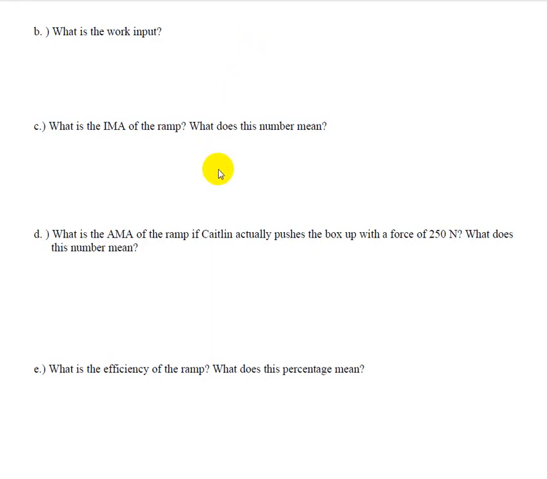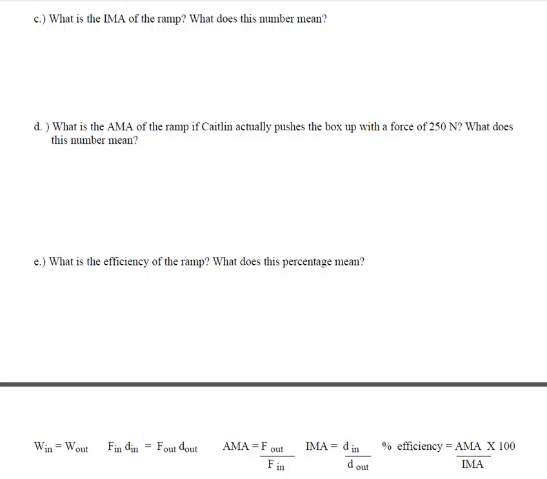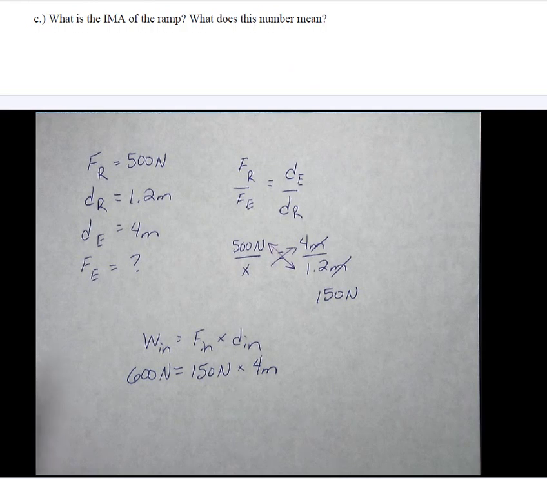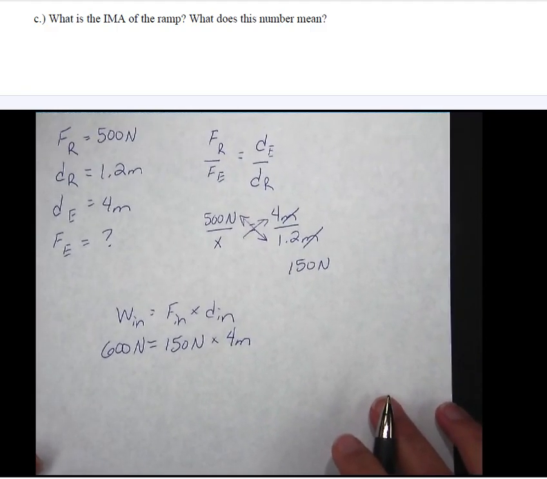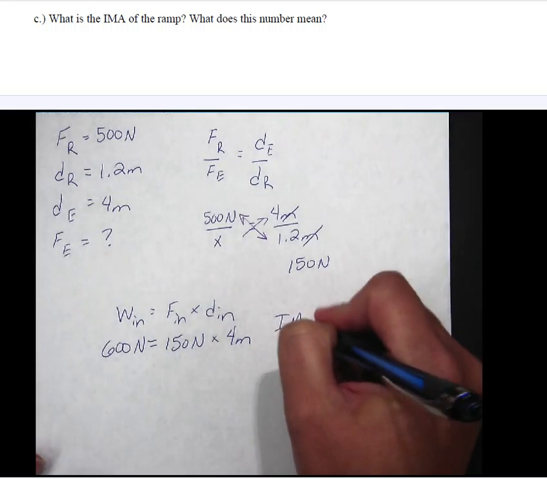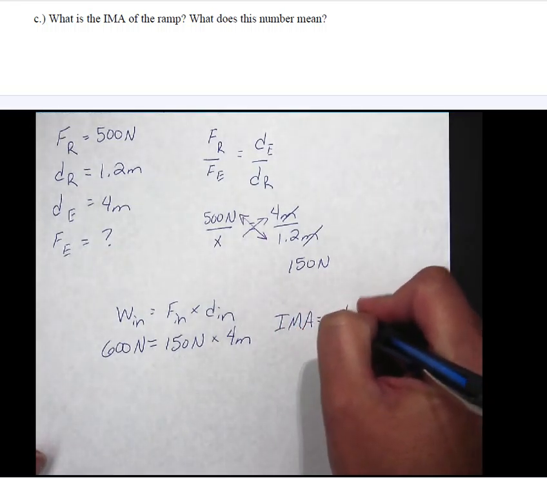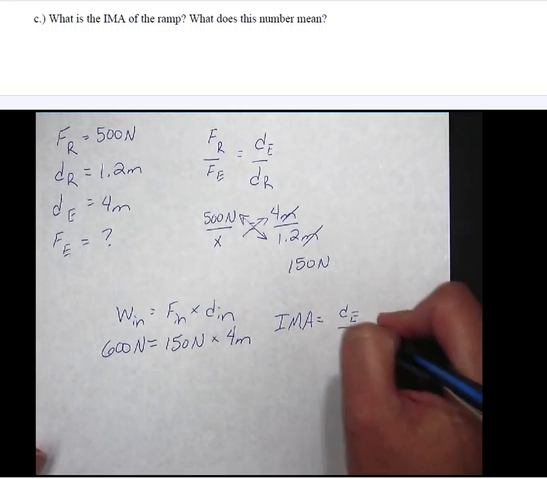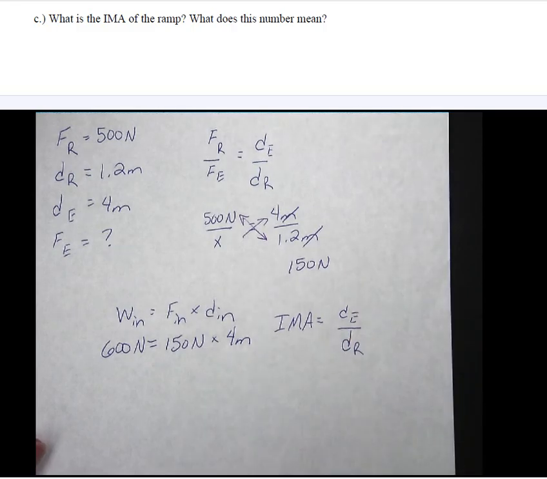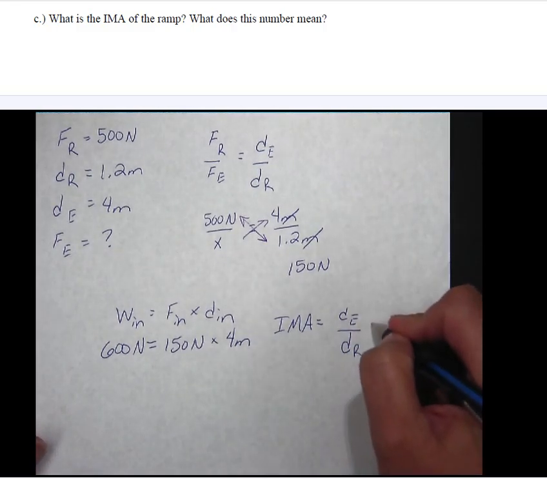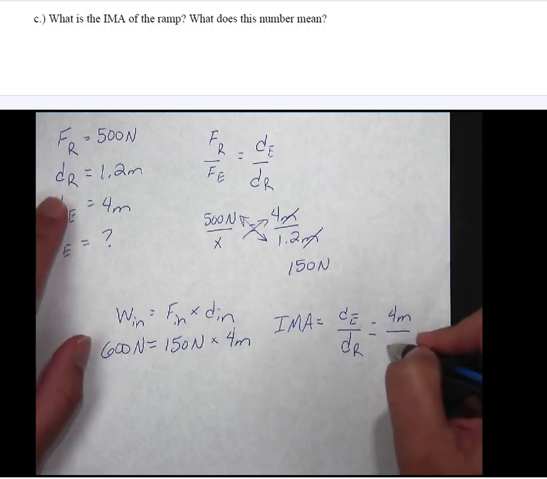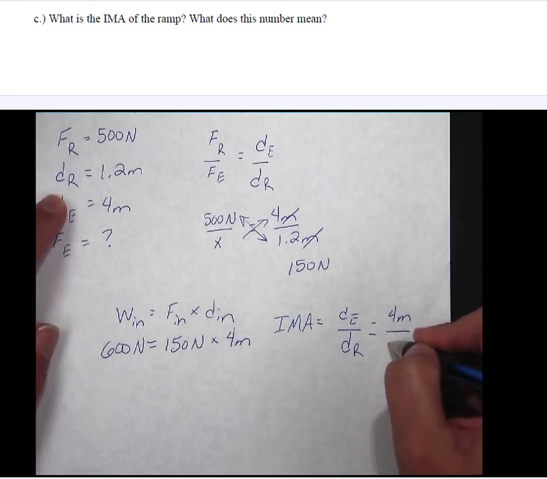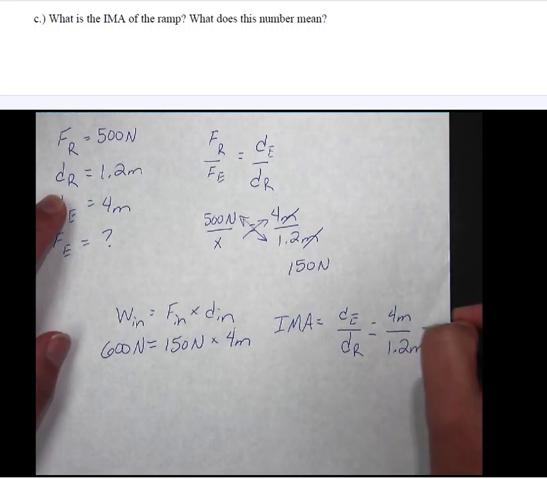All right, the next part of the problem says, what is the IMA of the ramp? And what does that number mean? So the IMA equation: IMA equals distance of effort over distance of resistance. That equals 4 meters over 1.2 meters.